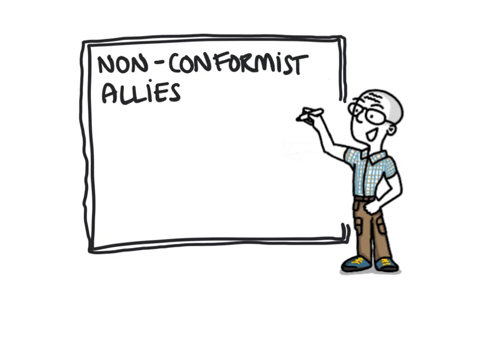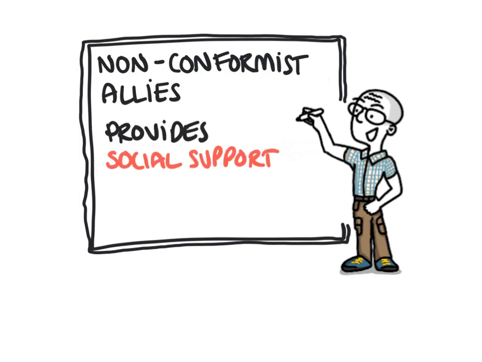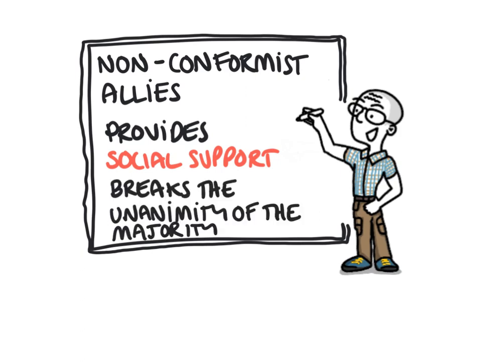From the work of Asch, we can see that another dissenter, somebody not going along with the expectations, in this case conforming, provides social support to an individual by breaking the unanimity of the majority. In other words, the majority is no longer unanimous.